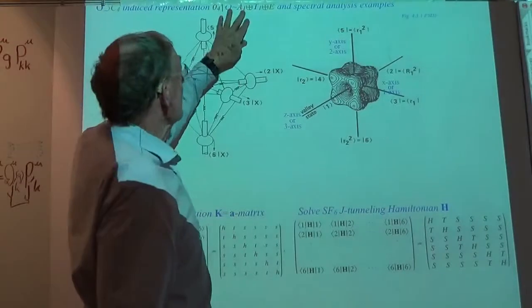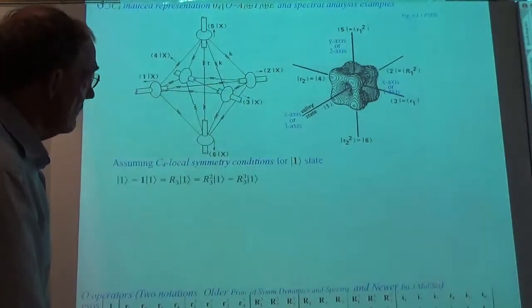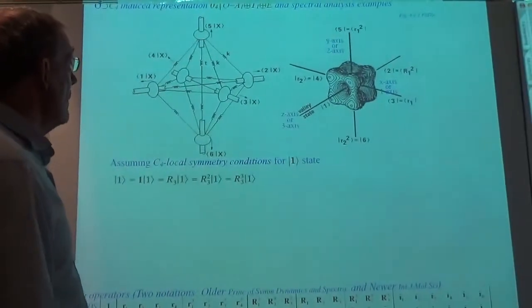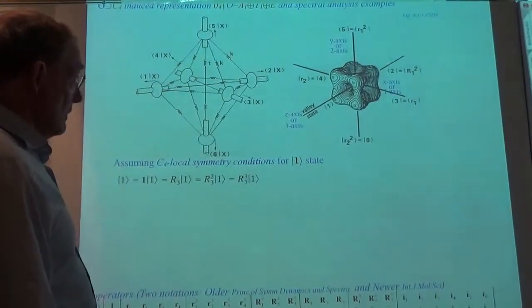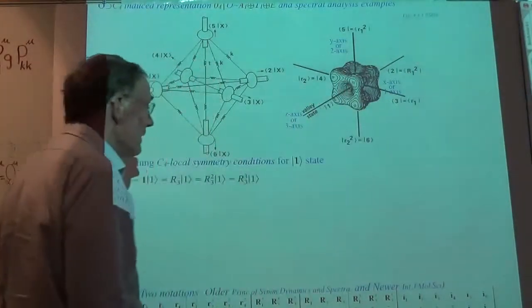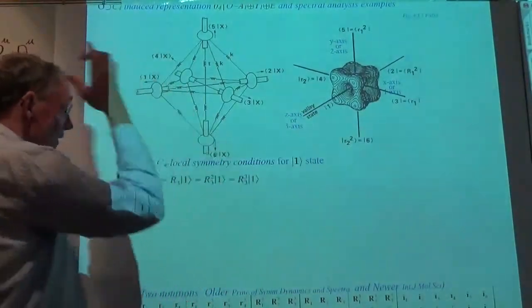Now, what does this symbolism mean here? You get it from the correlation table, but let's just go ahead and build it. We're going to assume that every one of the local valleys, but in particular the first one, satisfies that.